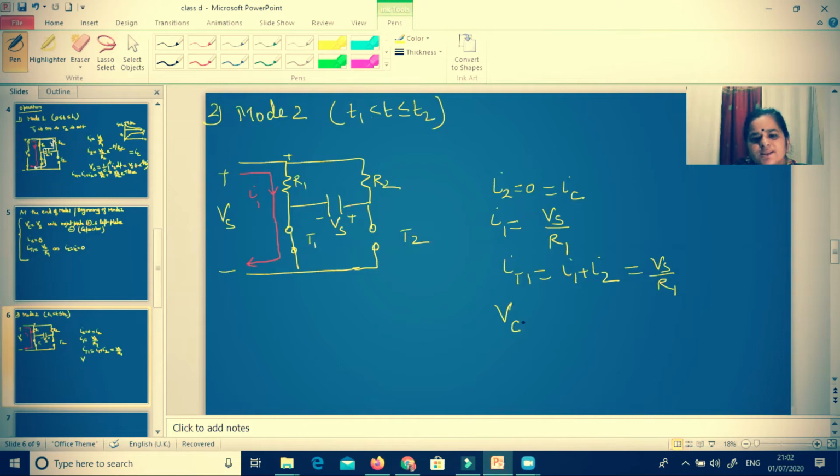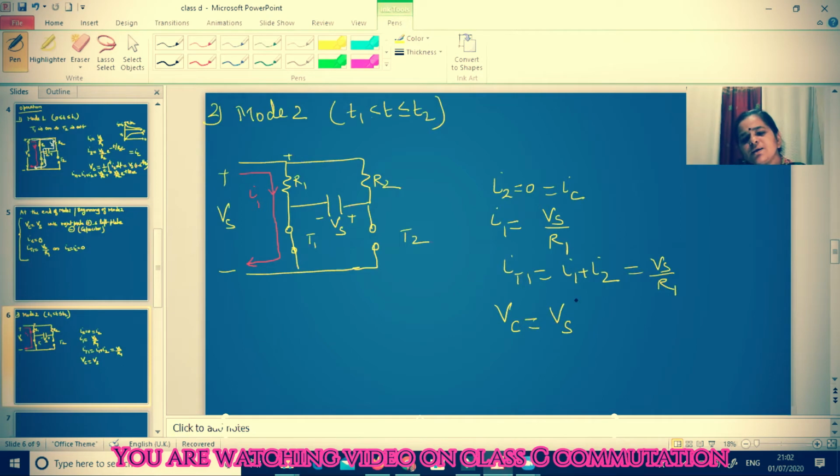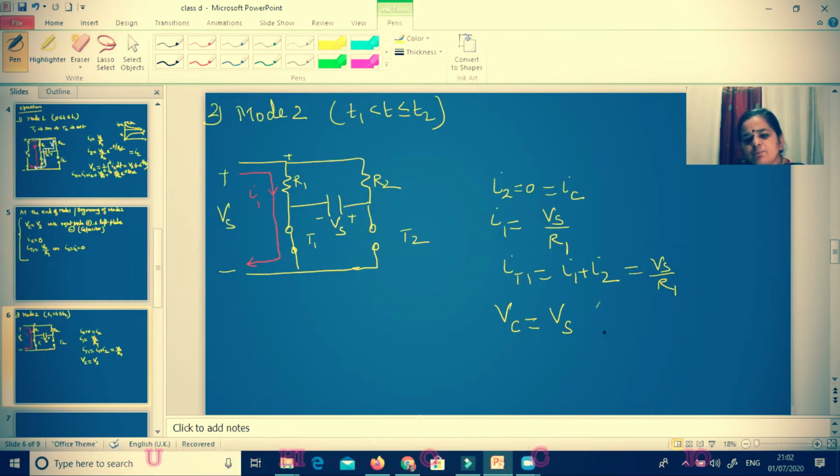In this case, as there is no charging current flowing, Vc will remain constant at Vs, meaning whatever the value of Vc at the end of mode 1, that will remain sustained during mode 2 also. So this is something about mode 2, and in this mode Vt1 is 0. And what is Vt2?